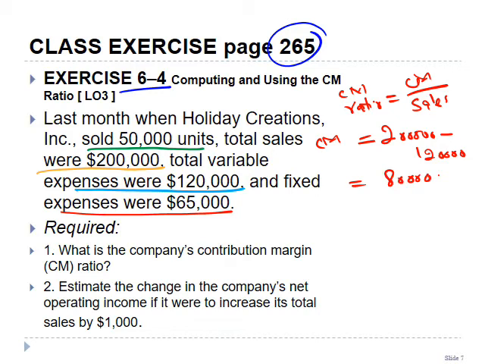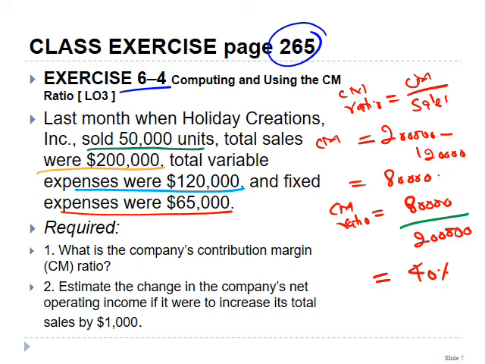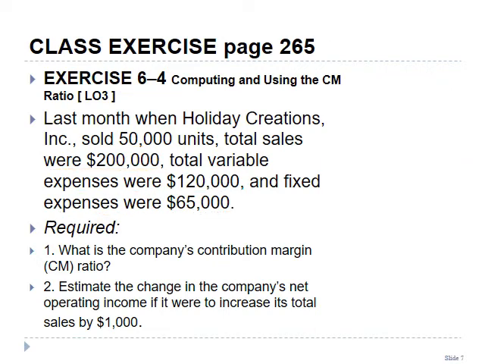So in that case our CM ratio would be 80,000 divided by 200,000, and that is 40%.